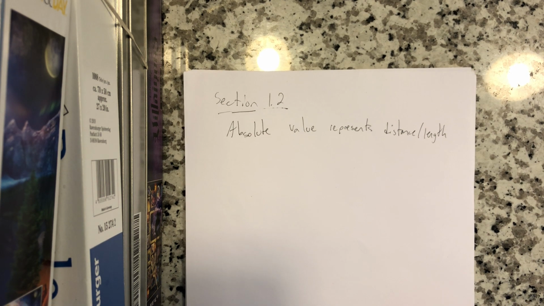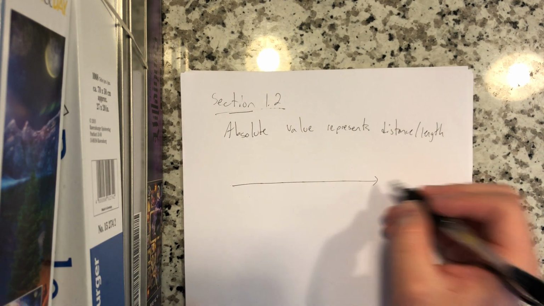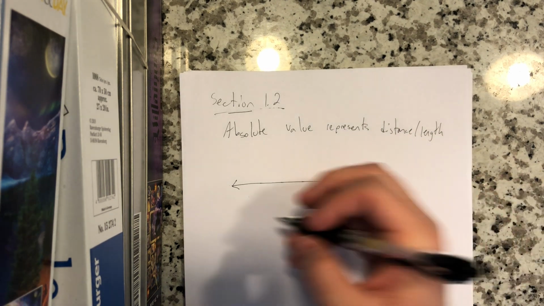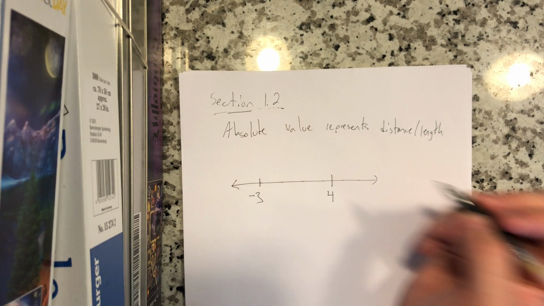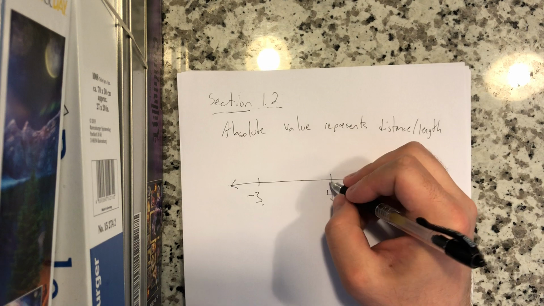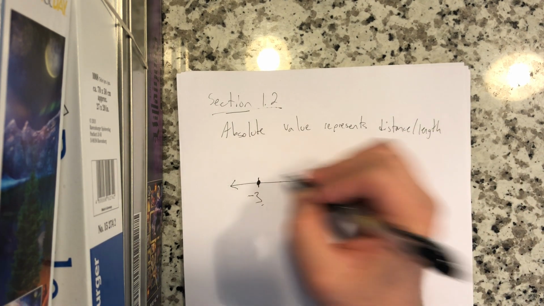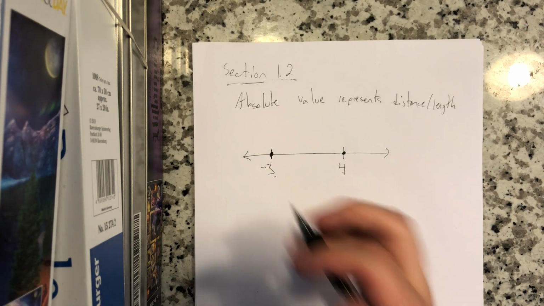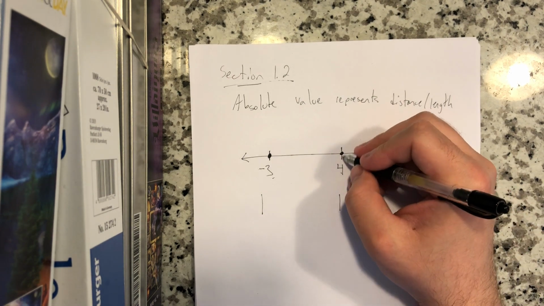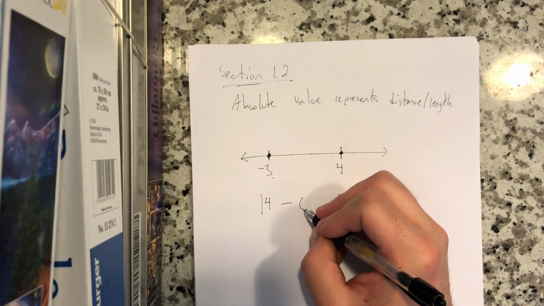So if we have, let's say, a number line, and let's say this is at 4, and this is at -3, we want to find out how far or how long this segment would be in between here. So the way to do that, the distance, you're going to have the absolute value bars, and you're going to have the right point minus the left point.